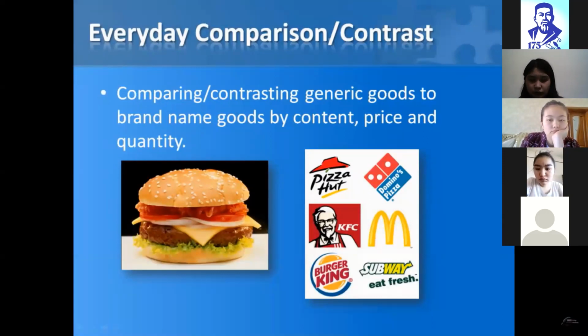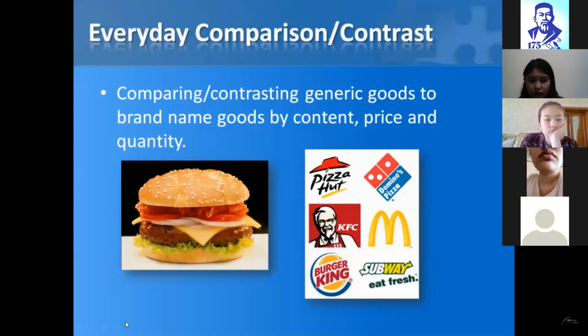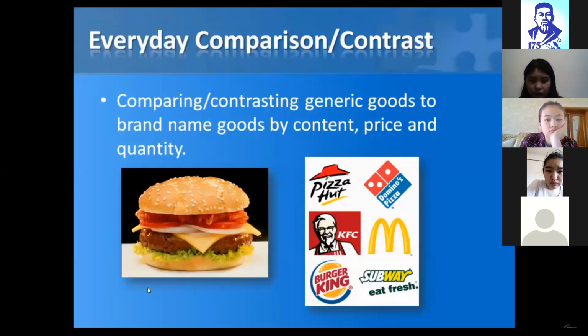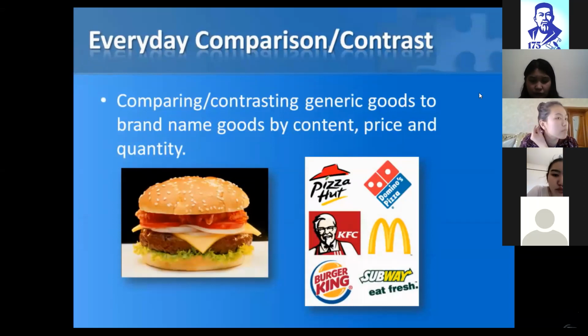When you go to the grocery store, should I buy generic toilet tissue or should I buy the brand name Scott tissue? Are they basically both the same? The price is different? Is the quality the same or is the quality different? In either of these situations, you are using comparison and contrast. So this is a skill that is common to you.